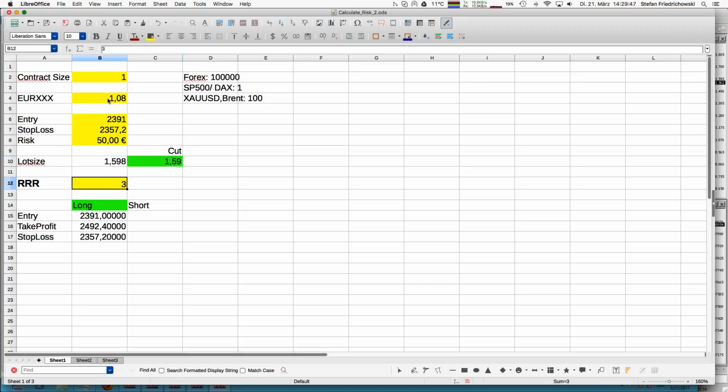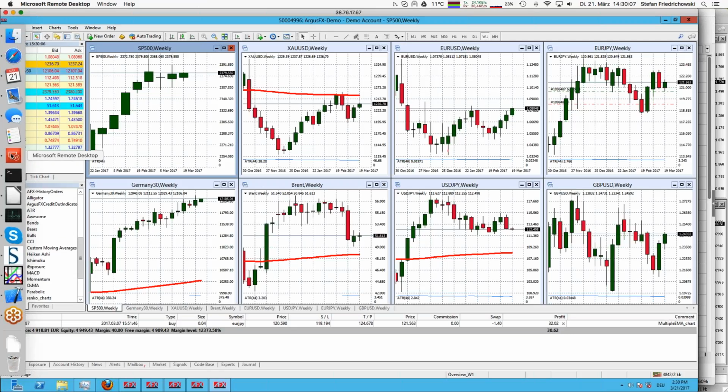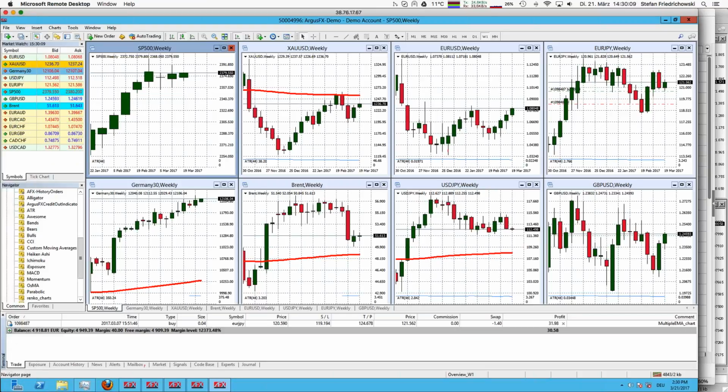But what we do is we change the risk-reward ratio to 5. We really need a little bit more here. So take profit would be, for that long trade, 2560. So that's what we use now for the trading, and we can place the order.